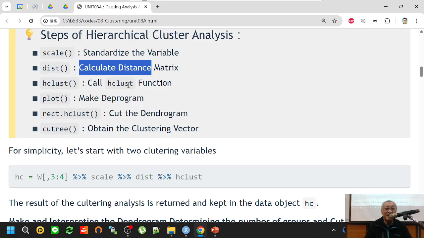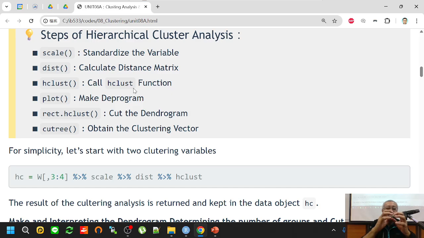And then we can apply the hierarchical clustering algorithm so that we can group the subjects within that multi-dimensional space. We can group the closer subjects into the same group, okay?